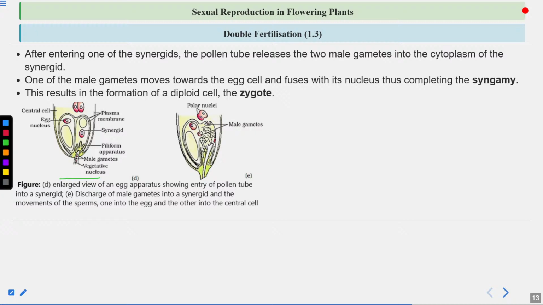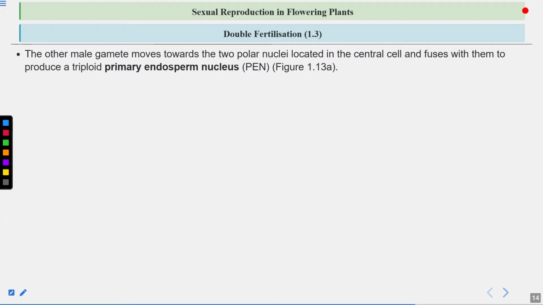One of the male gametes makes its way towards the egg nucleus, and another moves towards the polar nuclei. Okay. Now the other male gamete moves toward the two polar nuclei located at the central cell and fuses with them to produce the triploid primary endosperm nucleus, PEN.